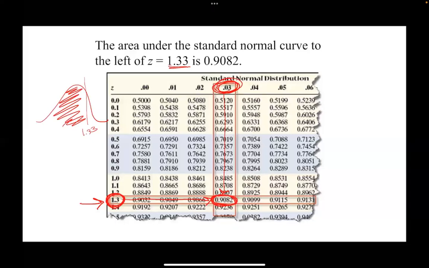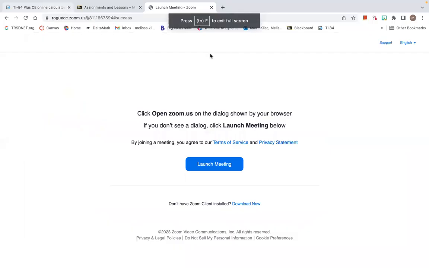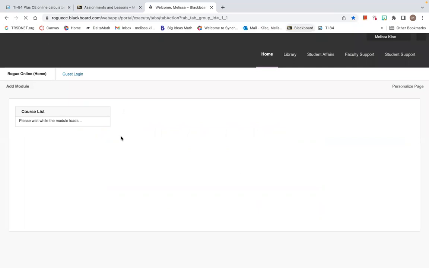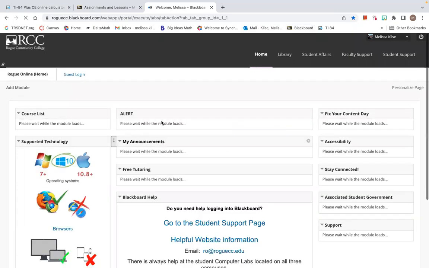I'm going to show you where to find the z-table in the materials. I wasn't expecting to be here, so let's just do this. I didn't have this up yet, but it should just take a moment if my internet behaves. So in Blackboard, if it will let me log in. Please wait while the module loads.